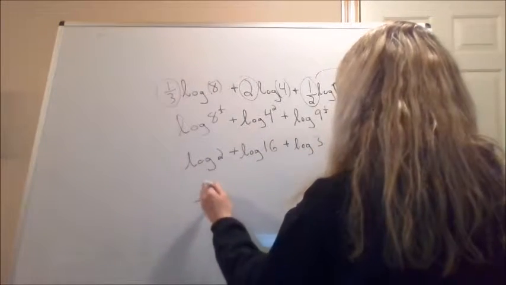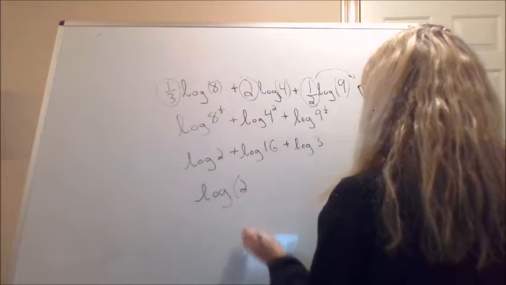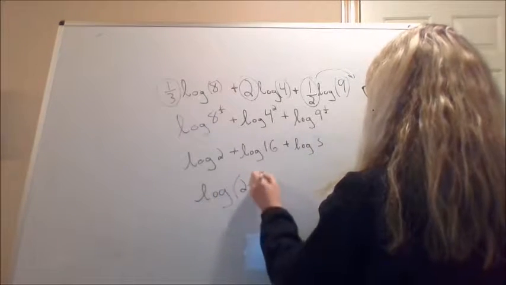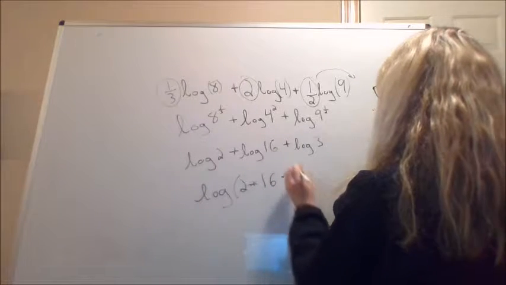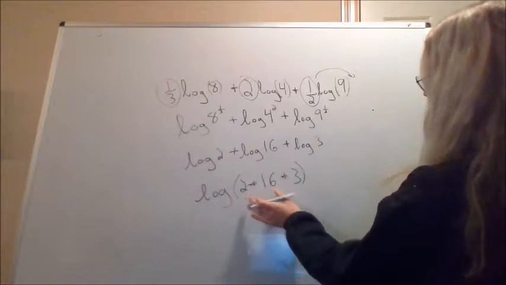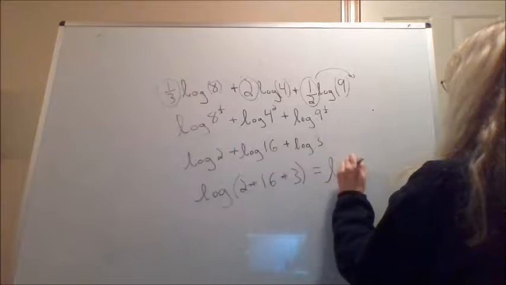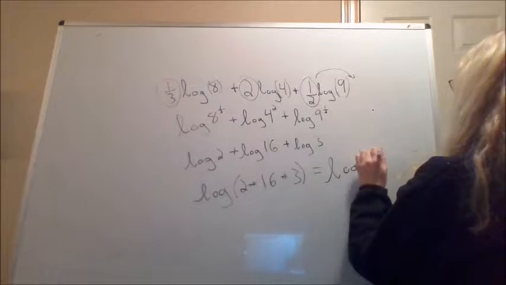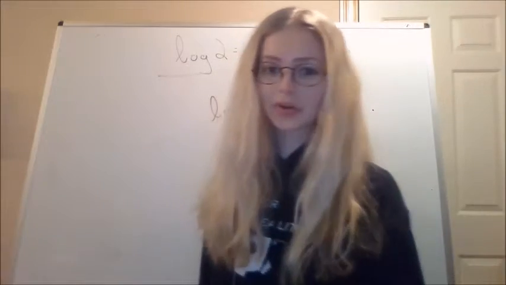So log of 2 times 16 times 3. 32 times 3 would be 96. So this is the log of 96.